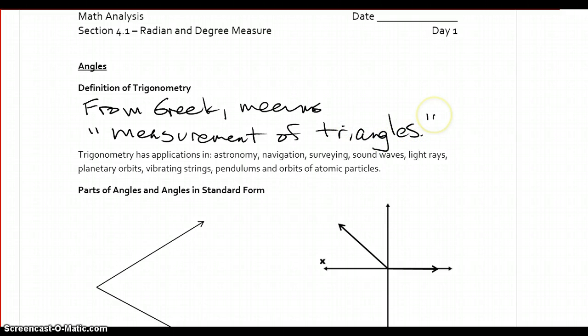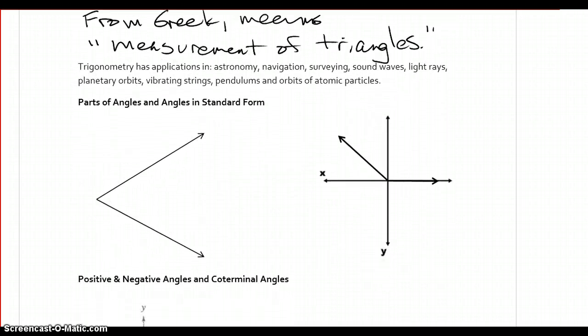Almost everything that we do in this course is going to have some relation back to triangles. Trigonometry is an important mathematics. It's got applications in astronomy, navigation, surveying, sound waves, light rays, planetary orbits, vibrating strings, pendulums, orbits of atomic particles.